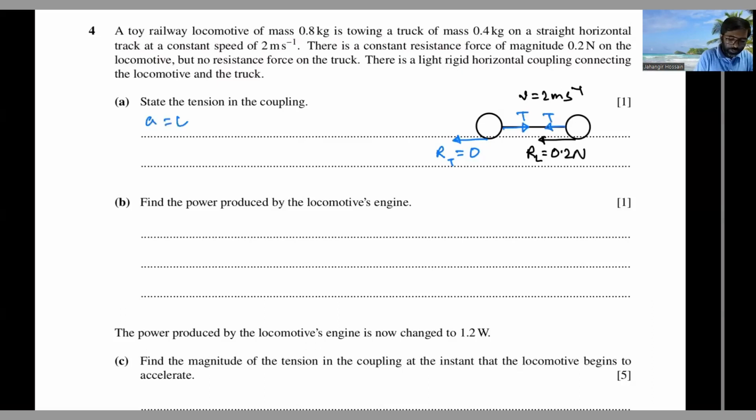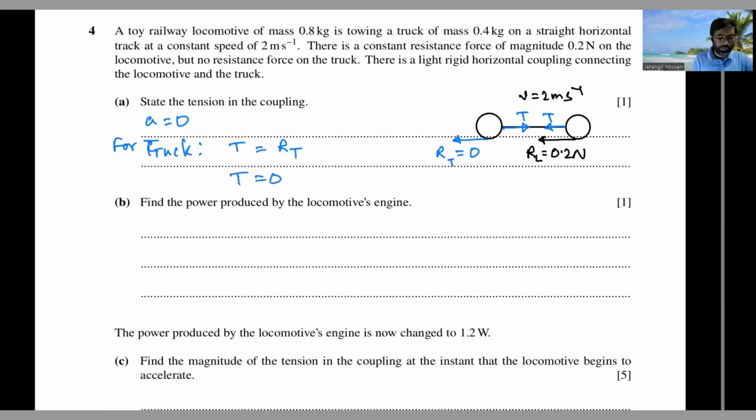See, acceleration is 0, so if you consider the truck, we have resultant force 0. So T equals RT, so T equals 0 Newton.